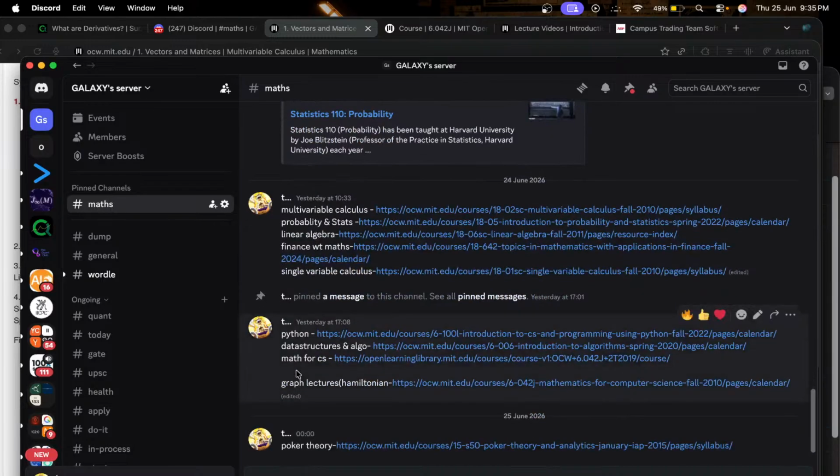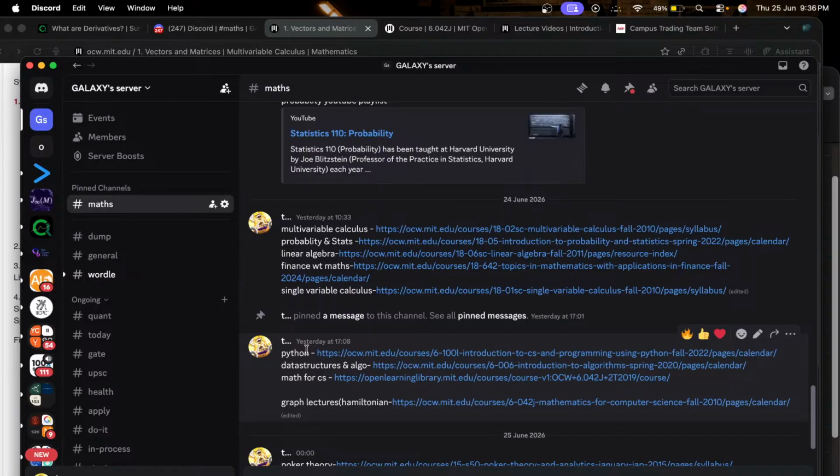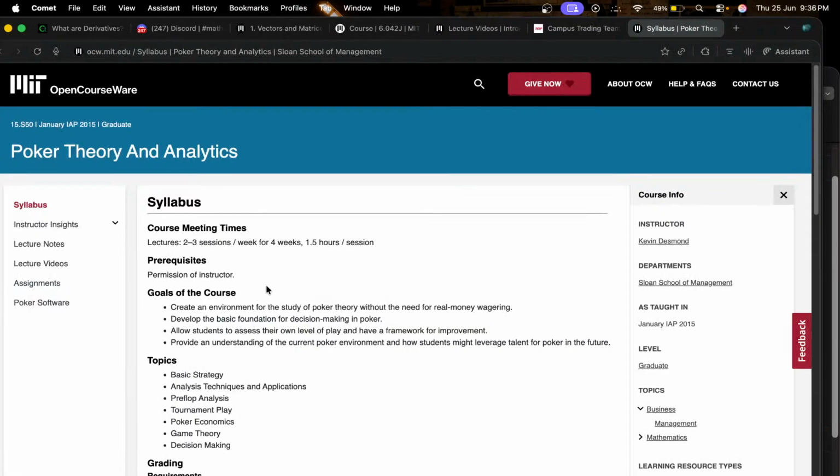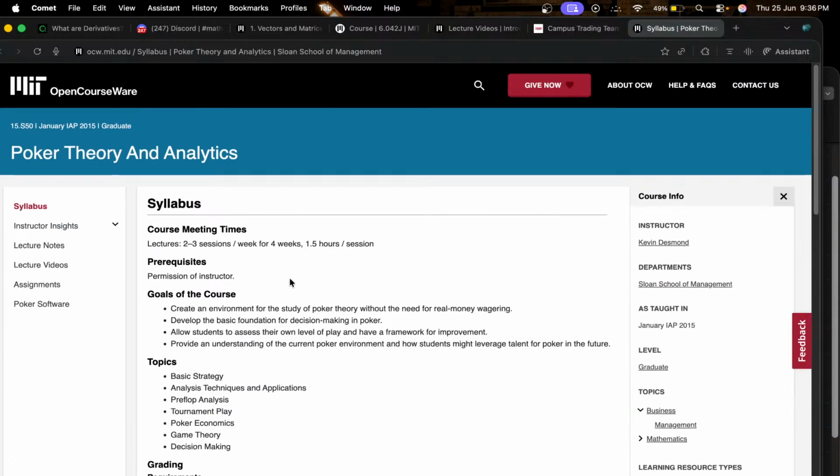Also, if sometimes or someday I get bored, I don't want to spend a lot of time in CS or maths, because it will happen someday. So on those days, I will just go through, prepare for the problem sets, and study the things that I want to study, like poker theory. I want to study poker theory. I want to learn poker. Poker is fun, honestly, for me.